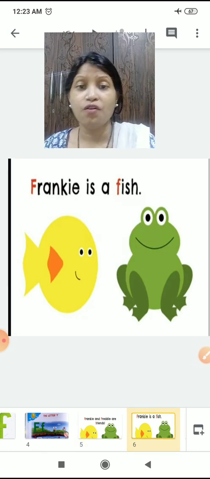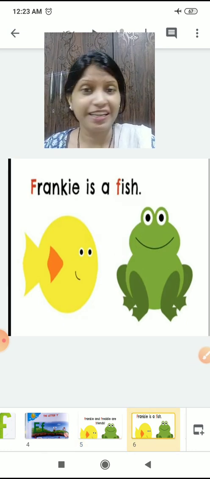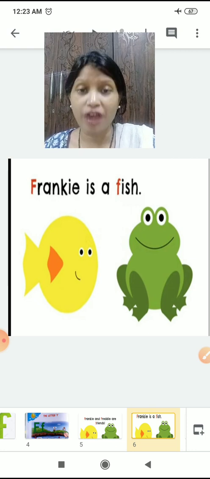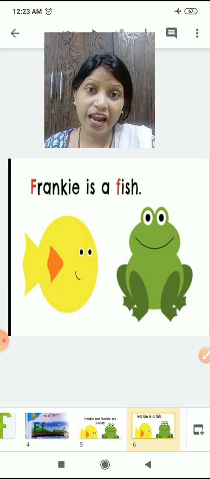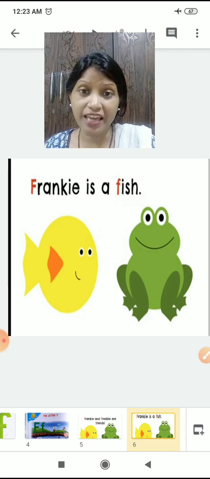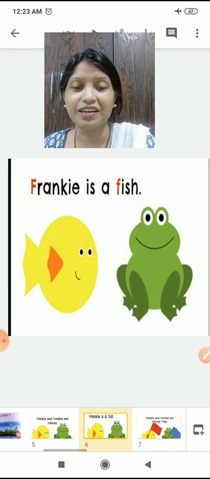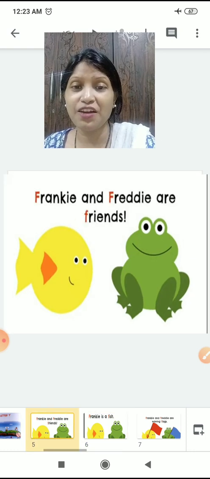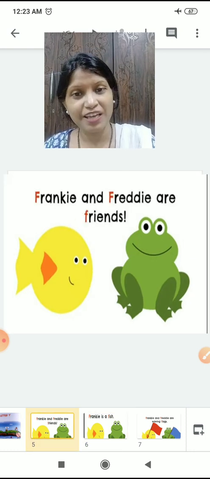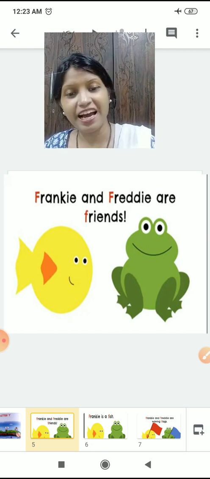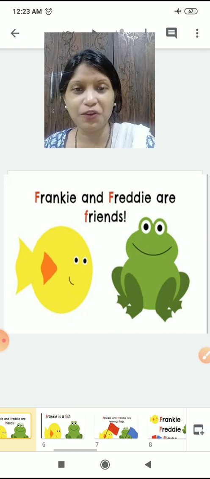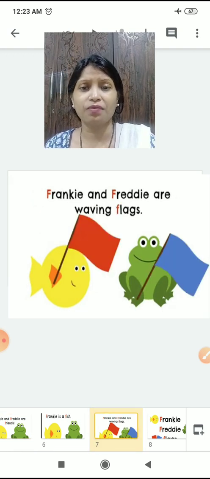Frankie is a fish. Sing the song with me. Frankie is a fish. Freddy is a frog. Frankie is a fish. Freddy is a frog. Frankie and Freddy are friends. Frankie and Freddy are friends. Yay! You liked it? So we will sing it further.